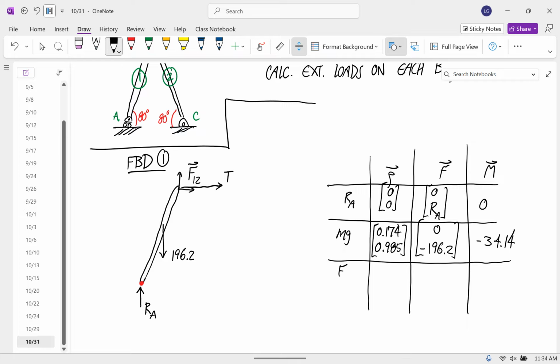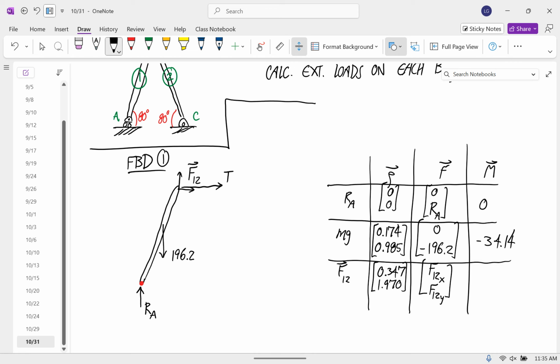Then F12. The row vector is 0.347, 1.970. Force vector is F12x, F12y.